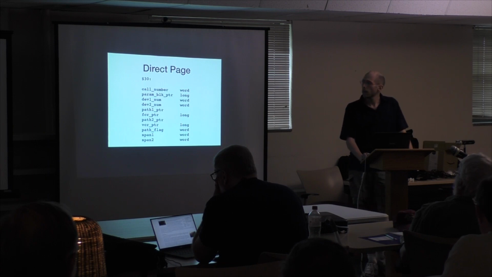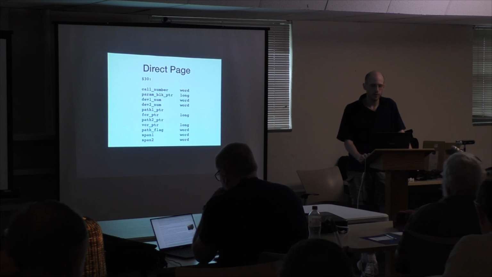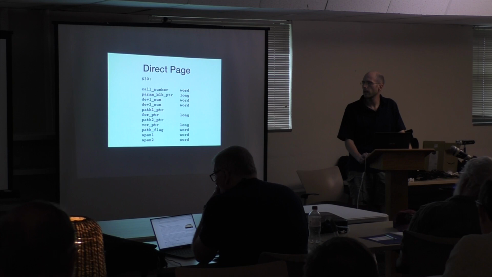At offset 30 are fields which are specific for the file system translator. There's the call number, the parameter block pointer passed in from the application, the device number, 2 device numbers in case some calls require potentially 2 devices. Then either a path name pointer or a file control record pointer. Then a second path pointer or a volume control record pointer.